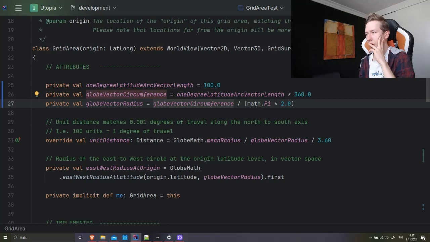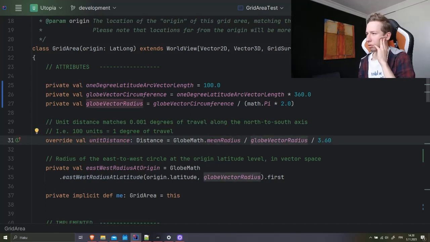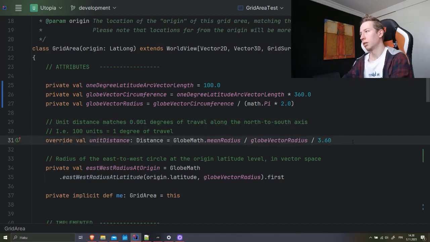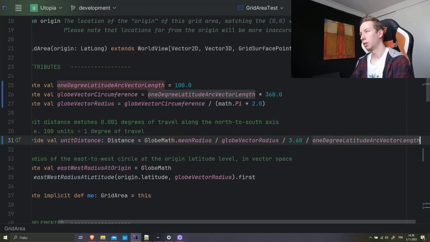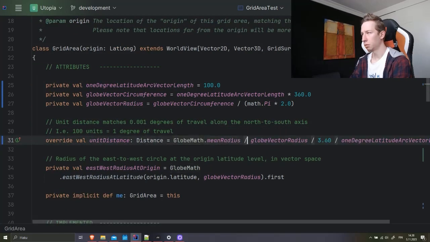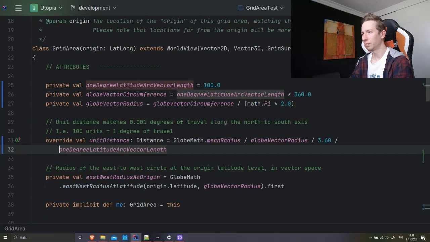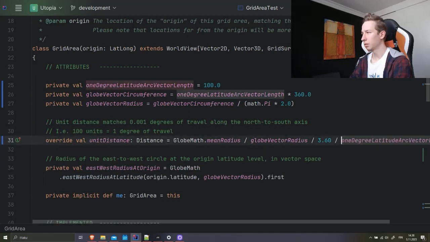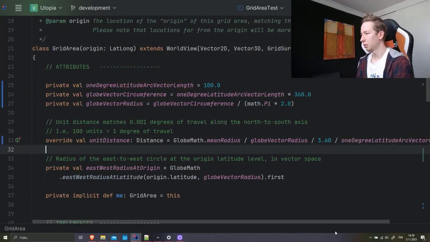This should be fine. It's probably this. Mean radius. So here, I think we need to divide this by 1, like so. Oops. Well, I would like to keep this one line.